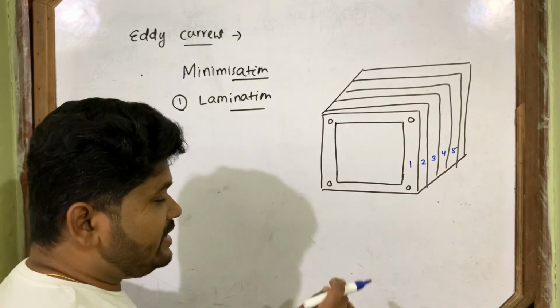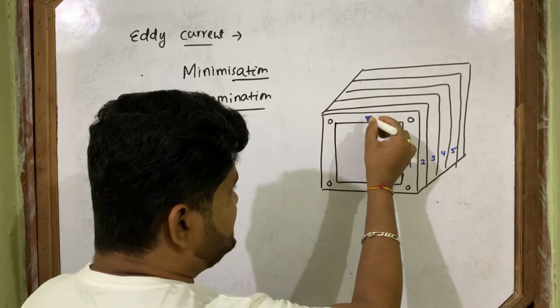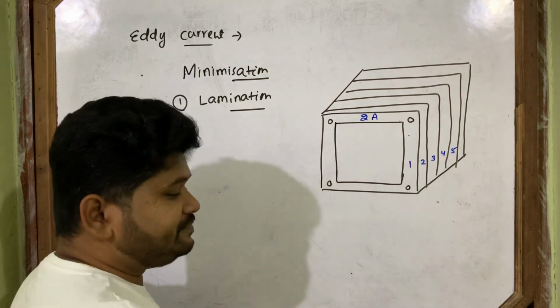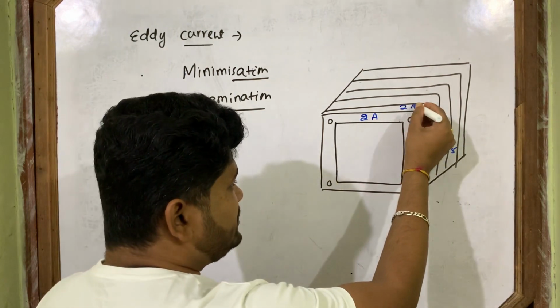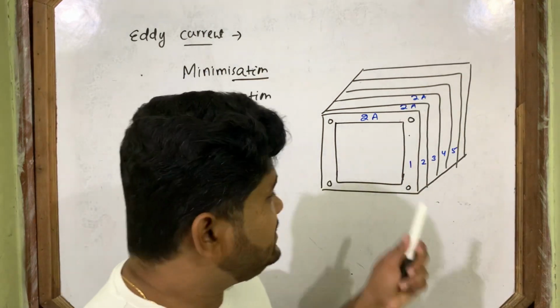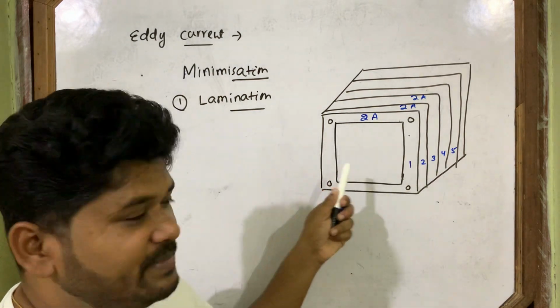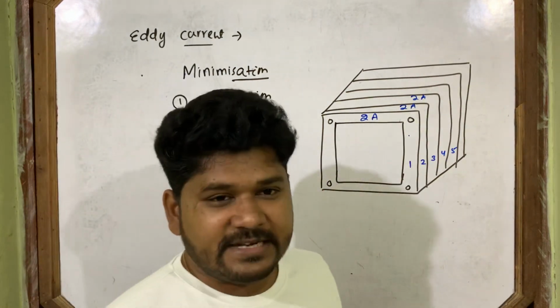Now think, if eddy current flows, suppose 2 ampere flows in one sheet, in another sheet also 2 ampere, and in another sheet also 2 ampere. But this 2 ampere is confined to this sheet because it is insulated from the next sheet.